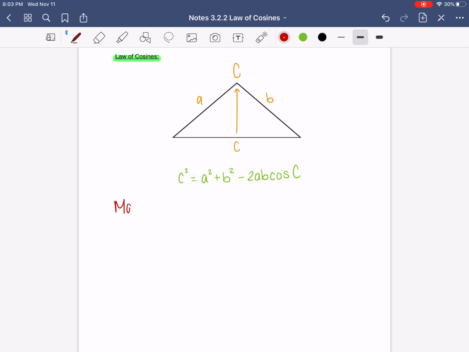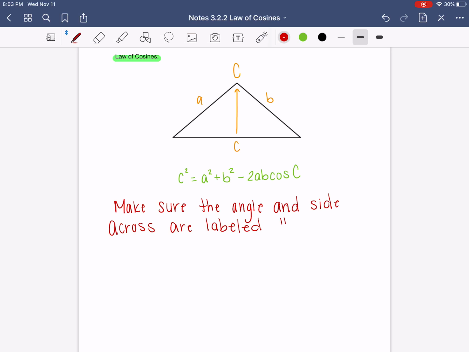So just make sure the angle and side across are labeled C, no matter what the original problem gave us. You plug the pieces into the formula and solve.